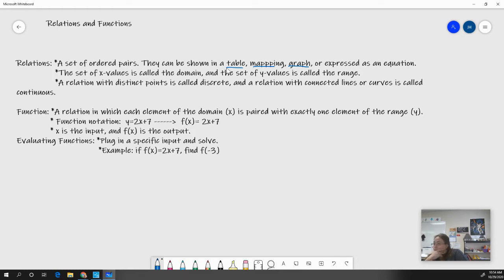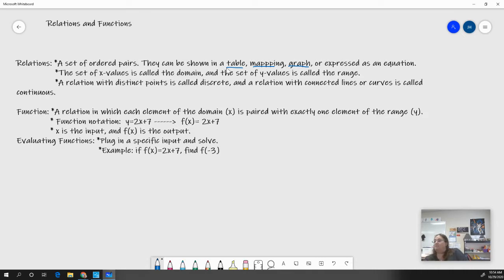But what we're really moving into is functions. This unit is an introduction to functions, specifically linear functions in this one. And a function is just any relation in which each element of the domain, each X value, would be paired with exactly one element of the range or the Y values.